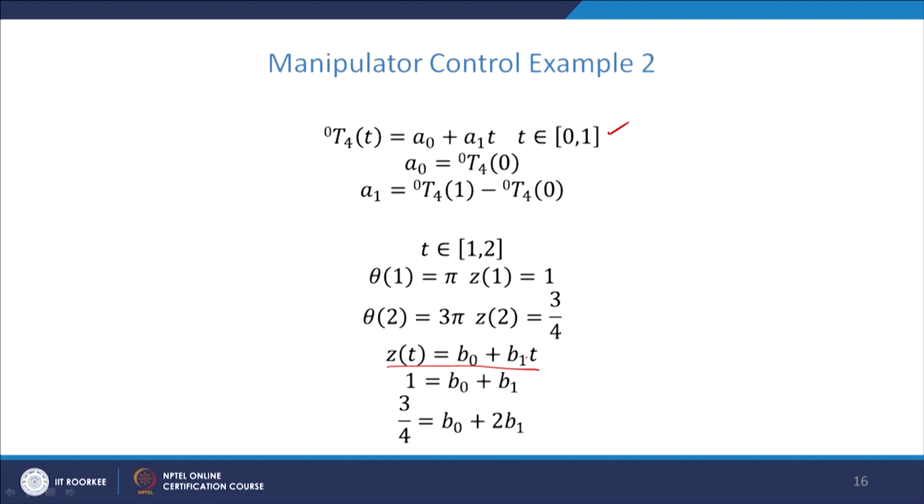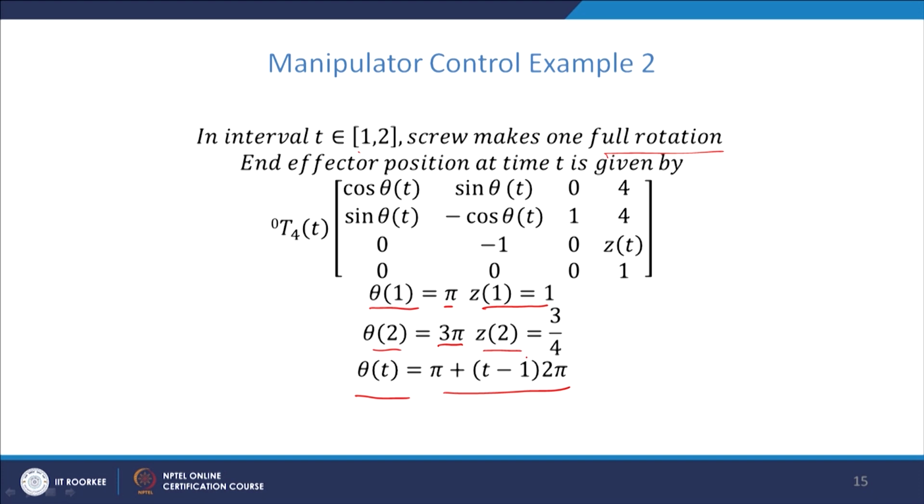It is done using the values z of 1 is 1 and z of 2 is 3/4. Once we get all this information we get 0 t4 as a function of time t belonging to 0 to 2, the total interval of time.